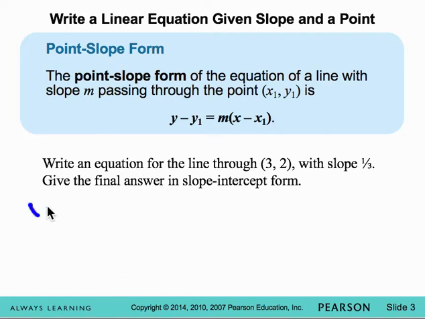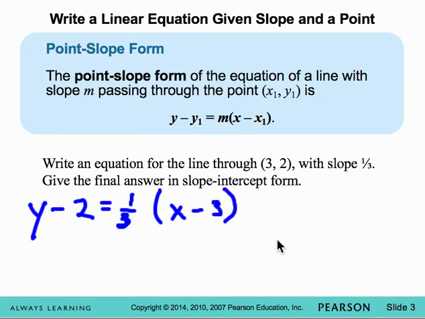So y minus the y part of the point equals m, but we know the slope, which is m, is 1/3, times x minus the x part of the point. So I just have to memorize that, just like I had to memorize the formula for the slope, and then plug in the parts that coincide. And then it says give your answer in slope-intercept form.